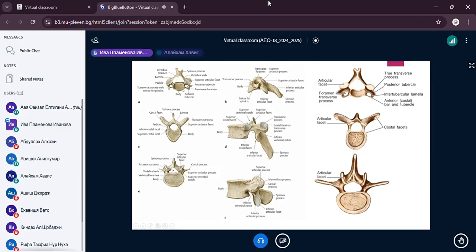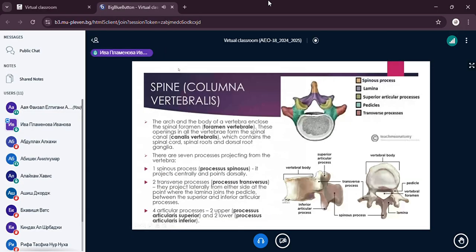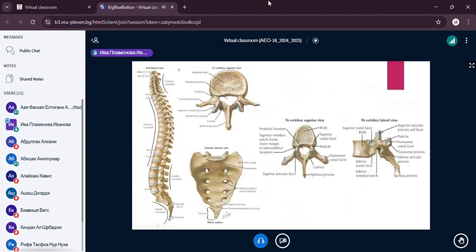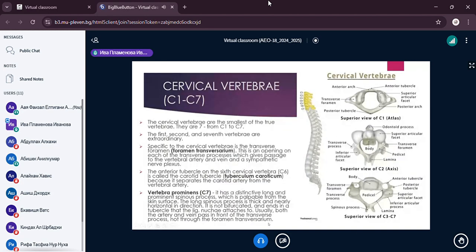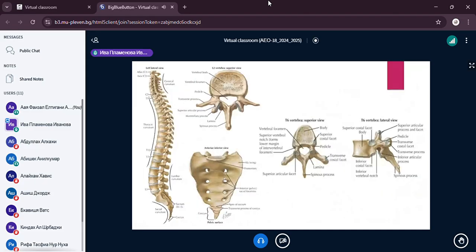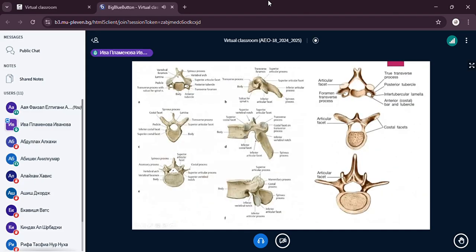That's why it's C3, C4, C5, or C6, but not C7, because C7 has a long spinous process which is not bifurcated, while here you can see the bifurcation of the spinous process. So this vertebra is C3, C4, C5, or C6.